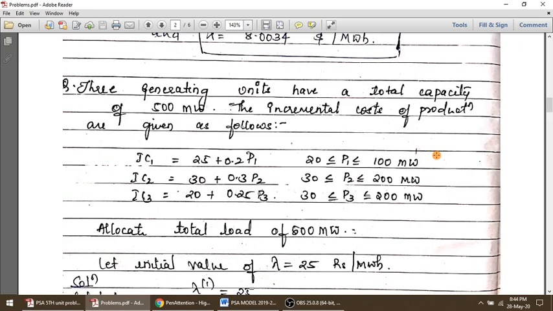We will not check whether any of them violate the limits. Even if they are violating the limits, it is fine. From the PG values we will calculate the delta P value, then calculate the delta lambda value and update it. We will proceed until we get certain convergence.